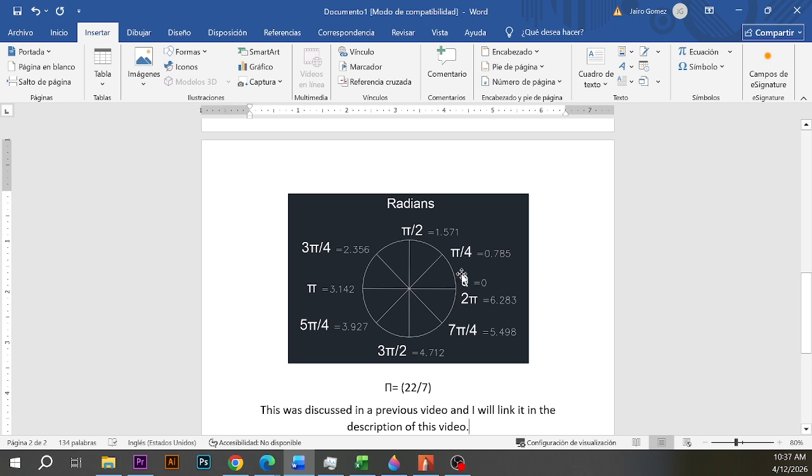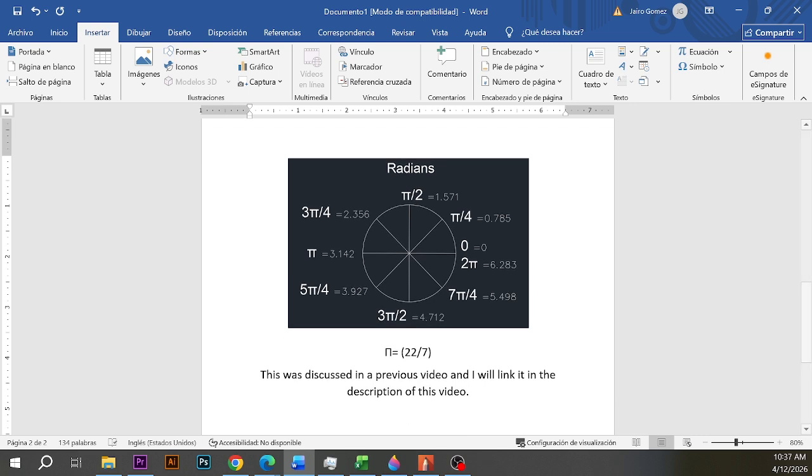But as you know, pi is a constant, so it can be a number. That's why I mentioned degrees are angles, radians are actual numbers. Something interesting about a circle is that since it's never ending, what happens if we go beyond 2 pi?